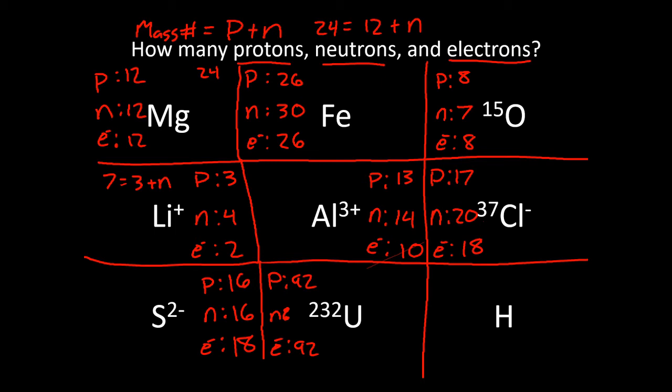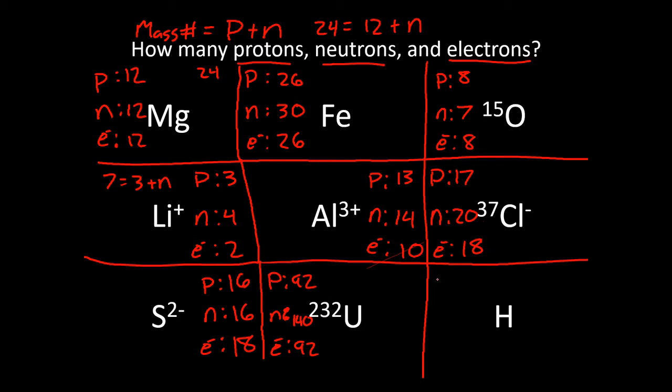A relatively common mistake for students to make is they say, oh, there's no charge, that must mean there's no electrons. No, no, no. That means that there is the same number of protons and electrons. If the mass number is 232, that means that we must have 140 neutrons, because if we add 140 and 92, that will give us 232.